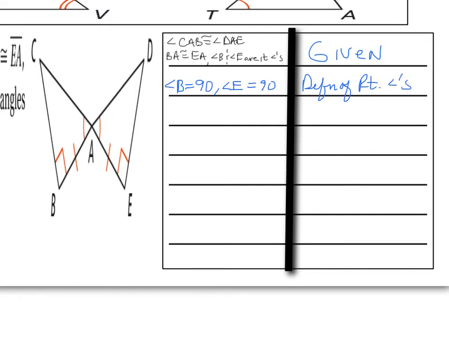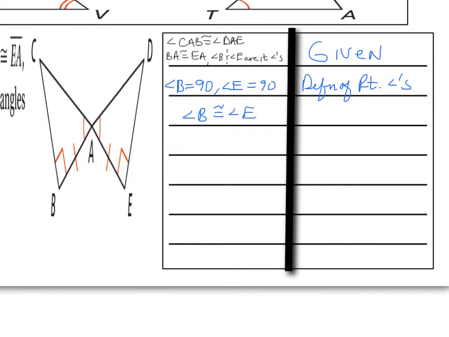They're both equal to 90. In the next step, if they're both equal to 90, then they're equal to each other. So angle B is going to be congruent to angle E.